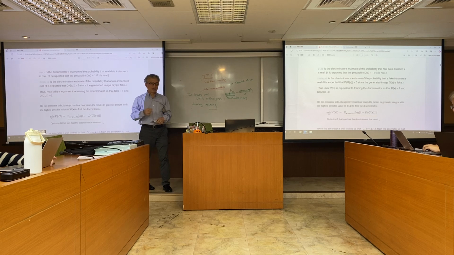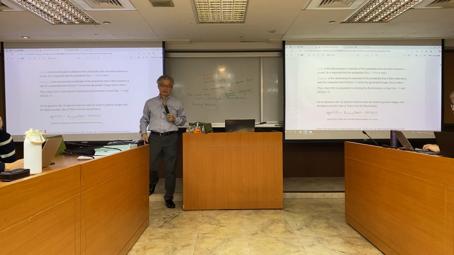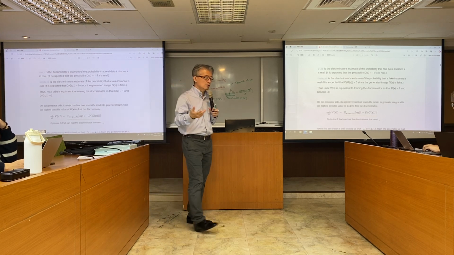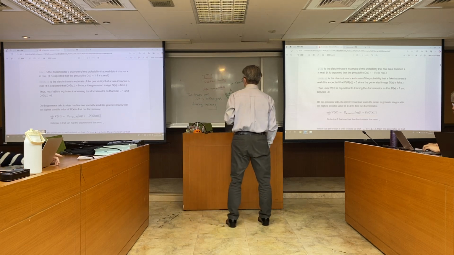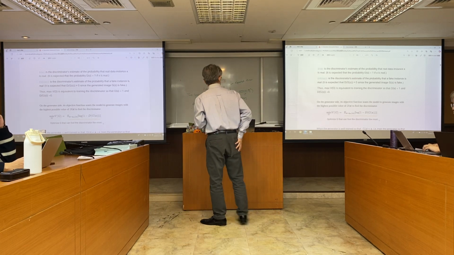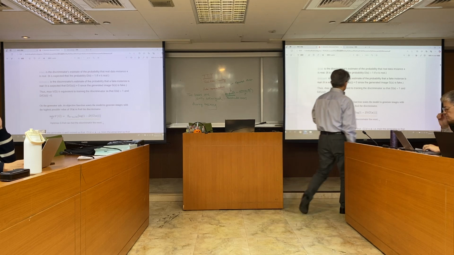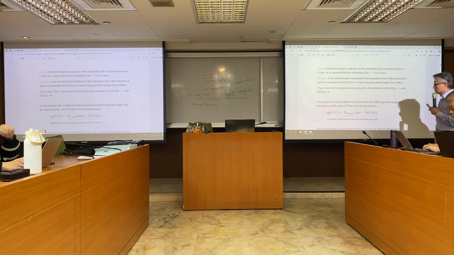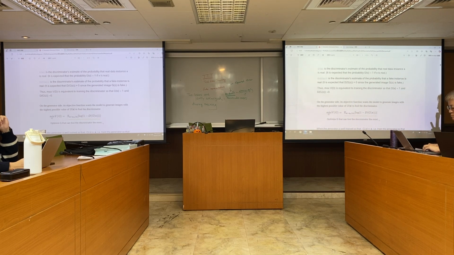So the cycle again, we added one additional loss function into the objective function. On the generator side, its objective function wants the model to generate images with the highest possible value of D of X for the discriminator.